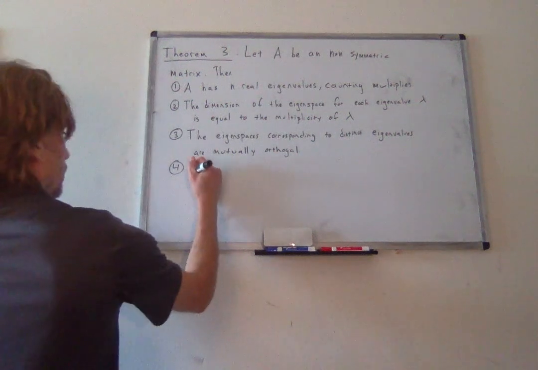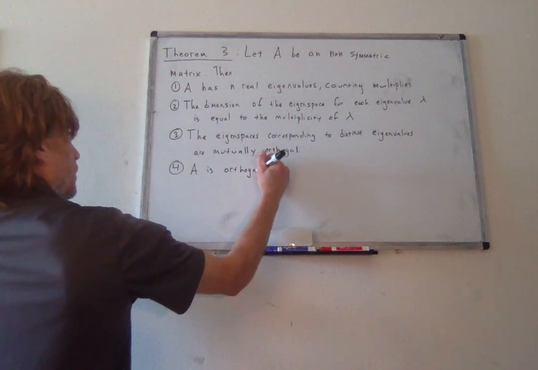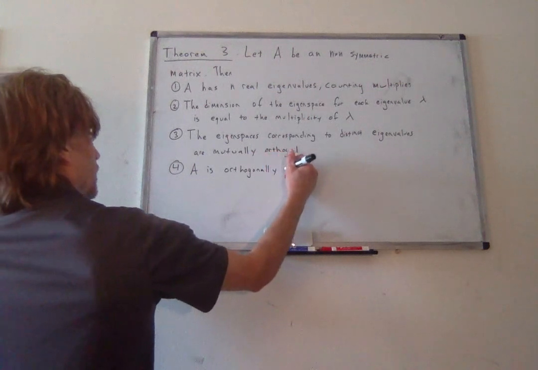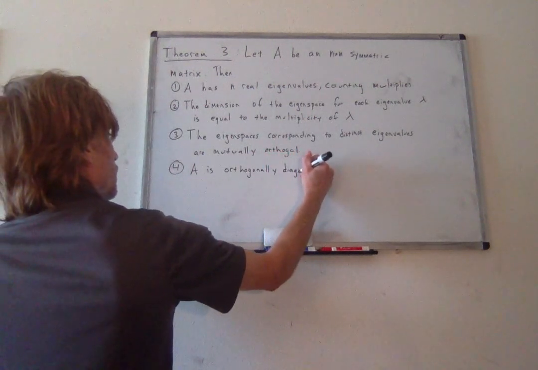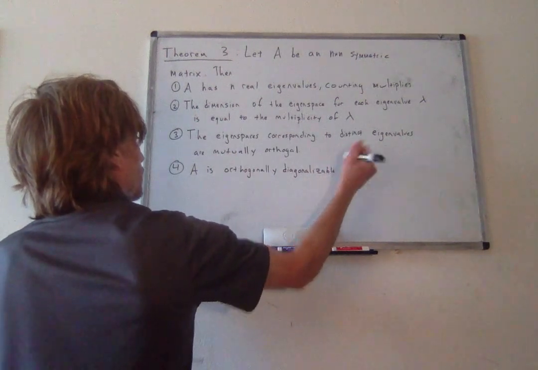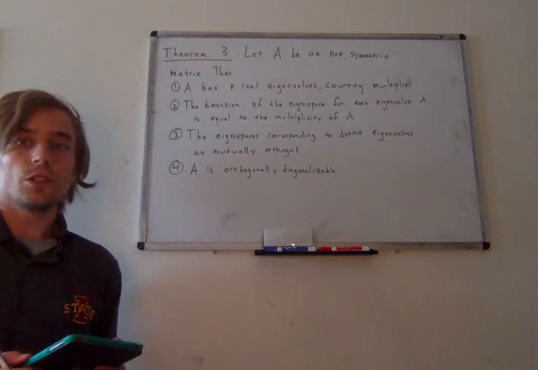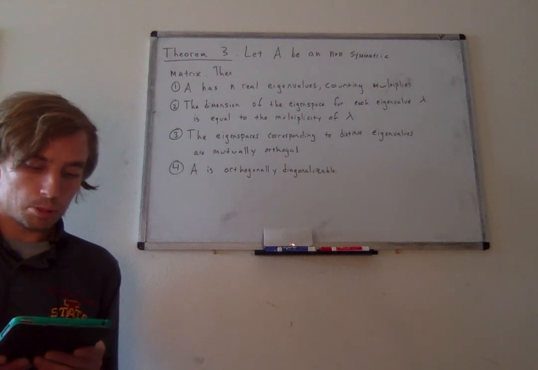And A is orthogonally diagonalizable. So this is sort of a theorem summarizing everything we've learned so far about symmetric matrices.